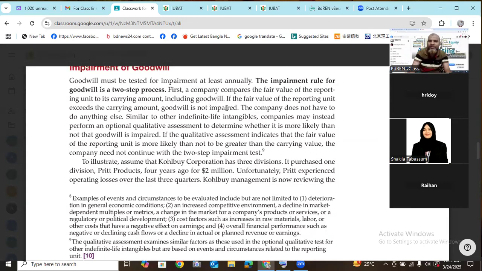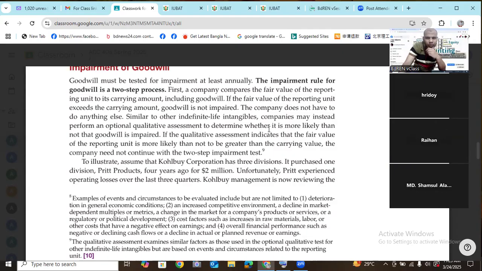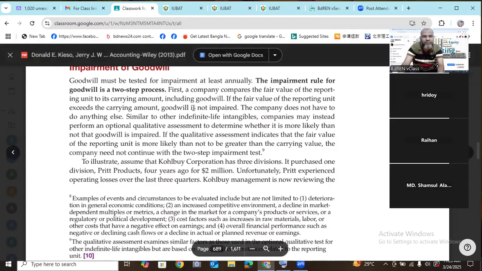What does it mean? What is the condition? The condition is if the fair value of reporting units exceeds the carrying amount.